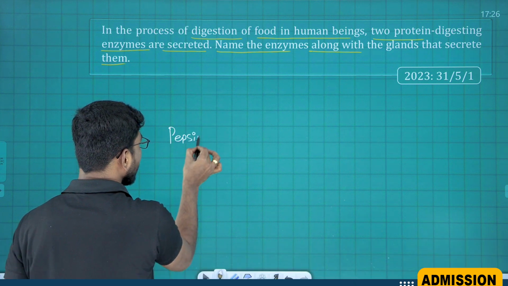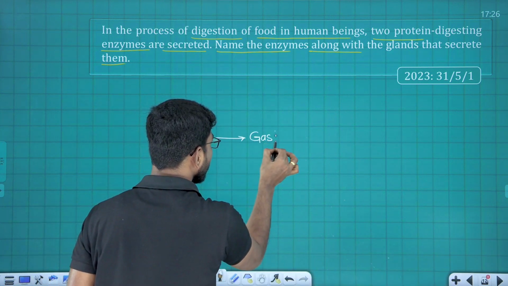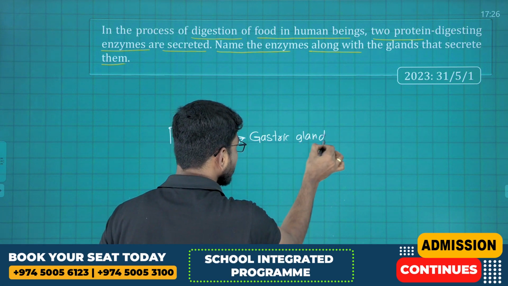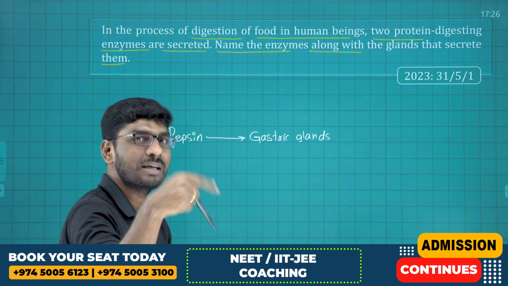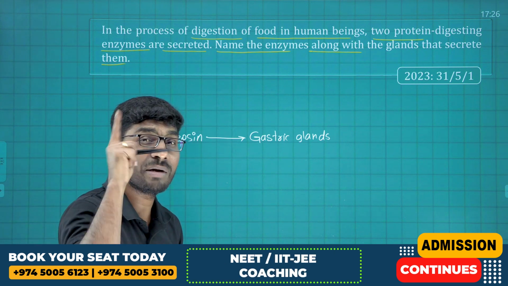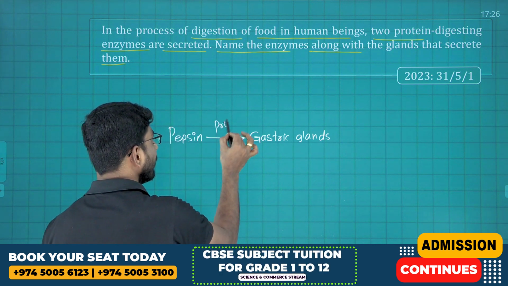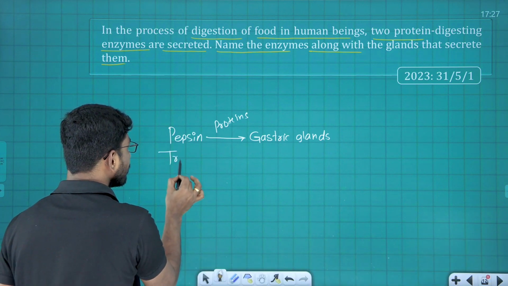Pepsin is a protein digesting enzyme from the gastric glands. Gastric glands are present in the stomach. In acidic medium it undergoes activation, and it acts on proteins. Fine, students. The second one is called trypsin.